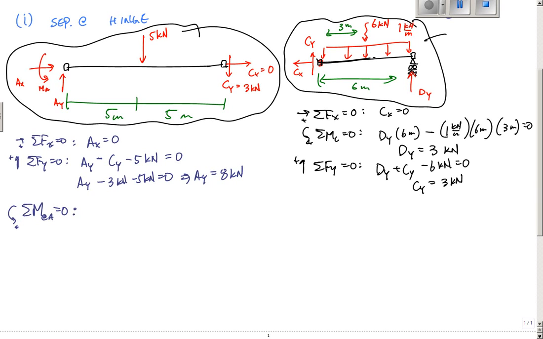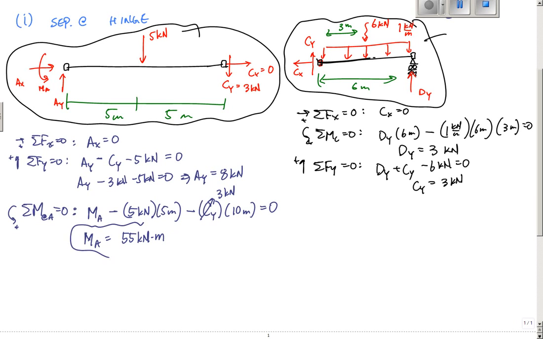That would tell me that MA minus 5 kilonewtons times 5 meters, so the moment induced by that 5 kilonewtons, minus the moment induced by Cy times 10 meters, and this number is 3 kilonewtons, equals 0. So I think I have all the moments. And this tells me that MA will be 25 plus 30, which is 55 kilonewton meters. This positive number indicates that the direction that I guessed is correct.